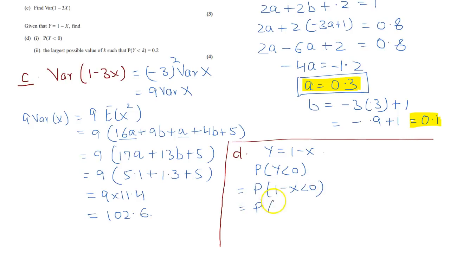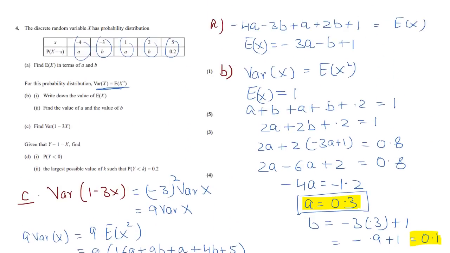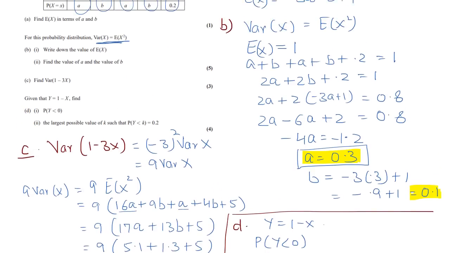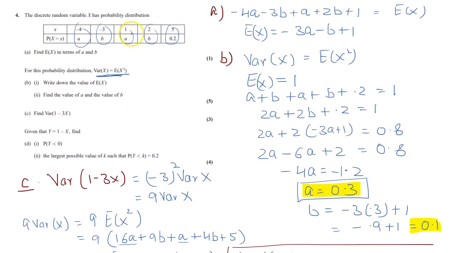So that is the probability X is greater than 1.